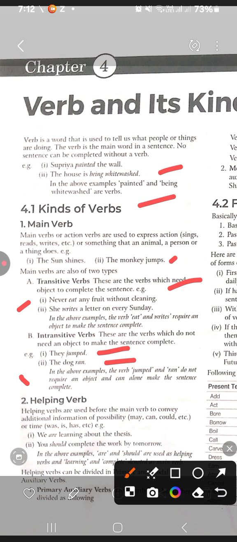If we give an example of helping verbs, all the continuous sentences like present continuous tense, past continuous, future continuous, and the use of should, these are called helping verbs. Like, we are learning about the thesis, so are is called a helping verb and should is also called a helping verb.